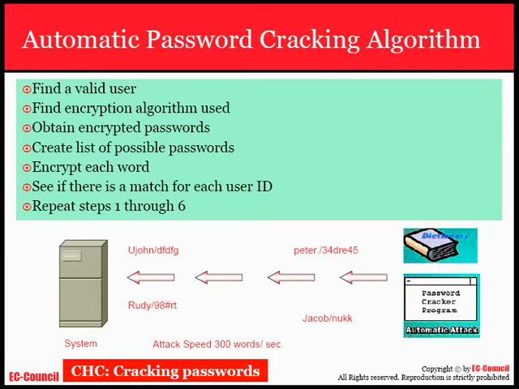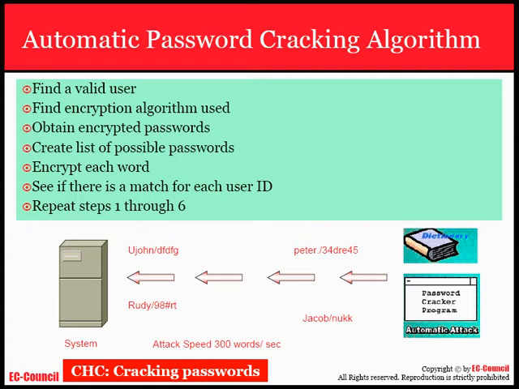Now, if I don't want to do this manually, in fact, a lot of times that's not practical, I may do some kind of an automatic password cracking. Now, there are many different programs out there that I can use, but the premise they operate under is the same. You take the account, you find out what kind of algorithm was used to hash the password, and then I obtain that list of encrypted passwords, in other words, the hash.